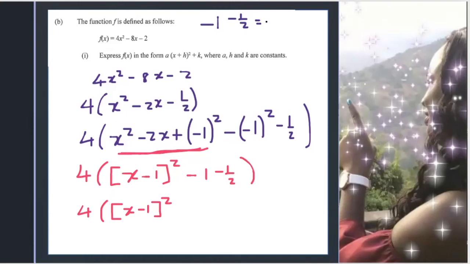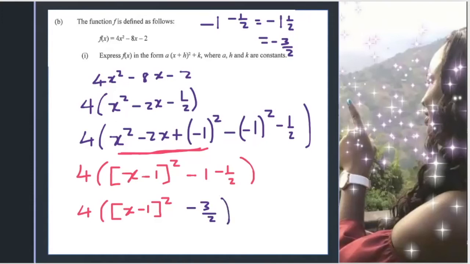So even if it's 2 negative, it will be negative 1.5. But negative 1.5 is the same thing as minus 3 over 2. Now minus 3 over 2, you say 1 times 2, that's 2 plus 1, that gives me 3. So that's minus 3 over 2. So this is the same as minus 3 over 2. So I have minus 3 over 2.